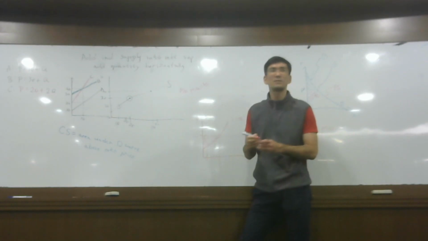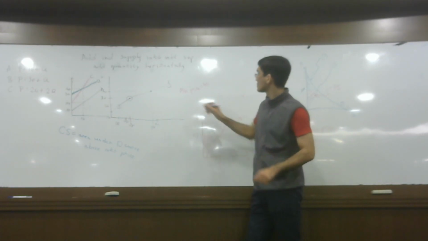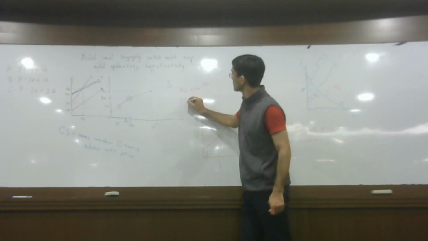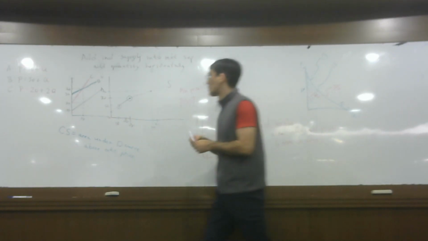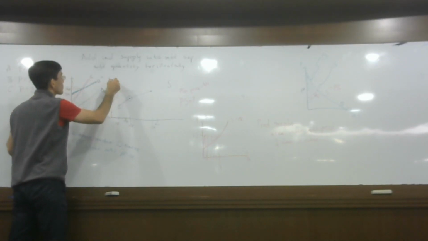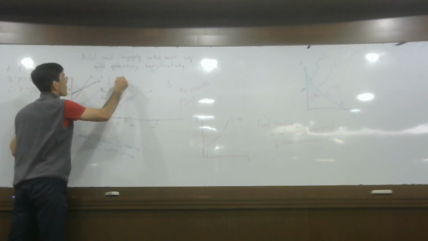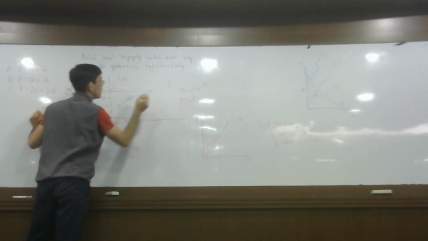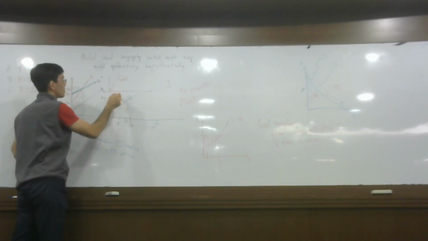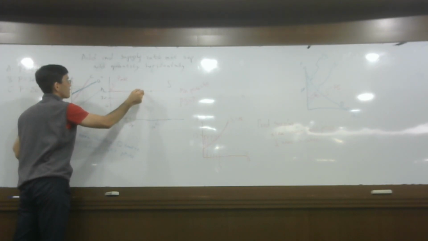Let's say market price is equal to 40. How much is the producer surplus? So market price is at 40, right? The producer surplus is all of this red dotted area.